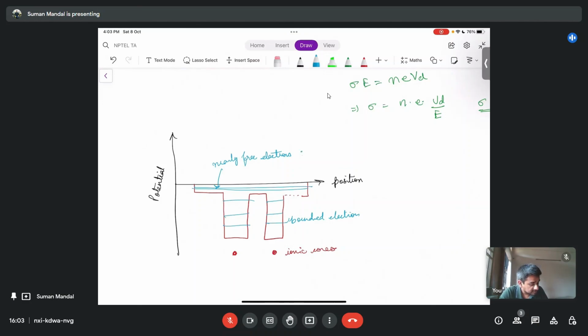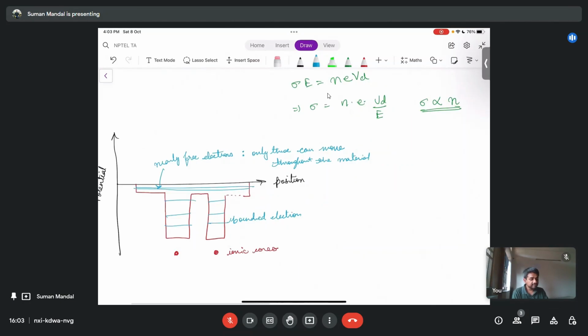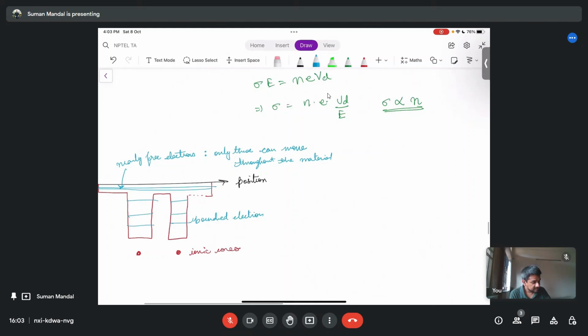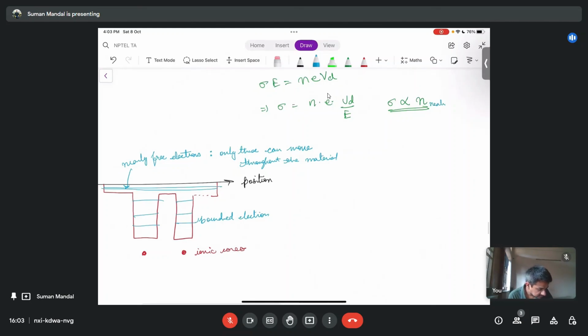Only these electrons can move throughout the material, because all of the bounded electrons are bound to the ionic cores. So conductivity depends only on the number of nearly free electrons.